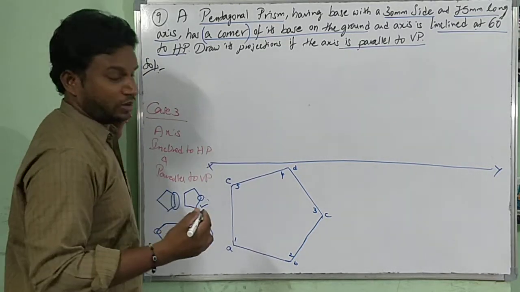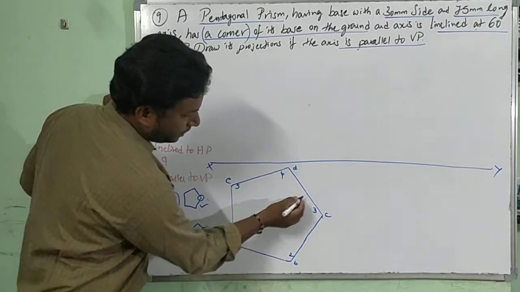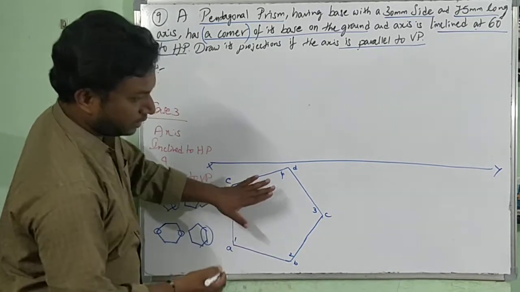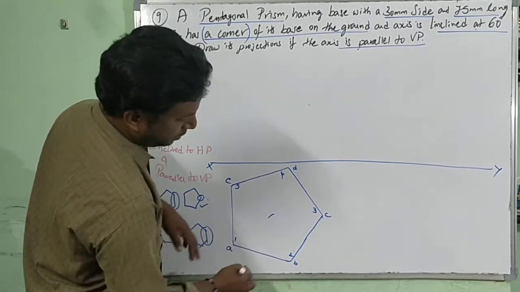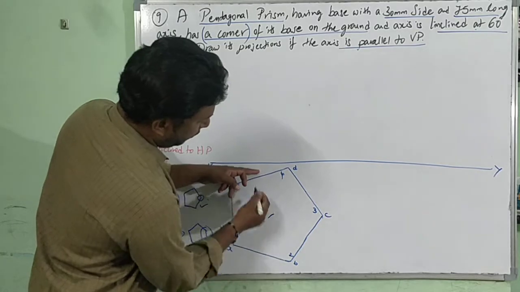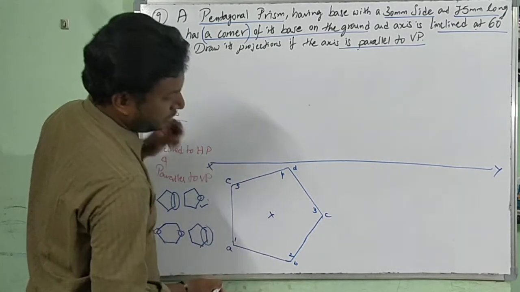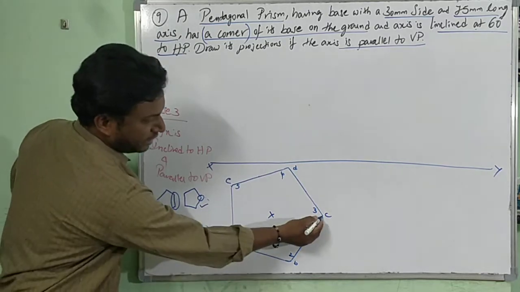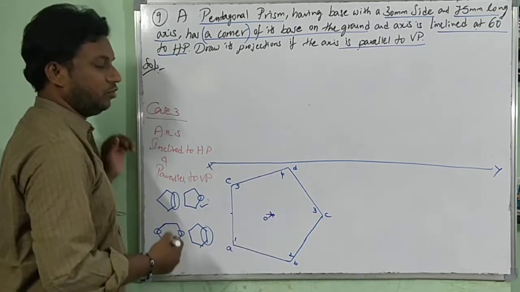Axis, centroid. For a pentagon, the centroid is different. From A, the opposite midpoint: keep your scale, draw a small line. B, opposite midpoint, keep a scale, draw a line. C, opposite midpoint, keep a scale, draw, it will become O.